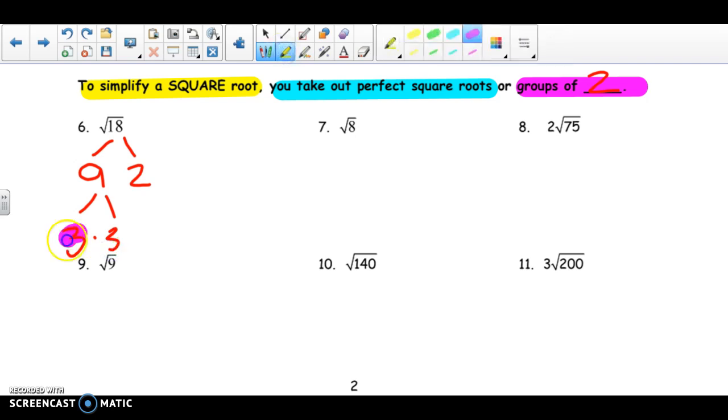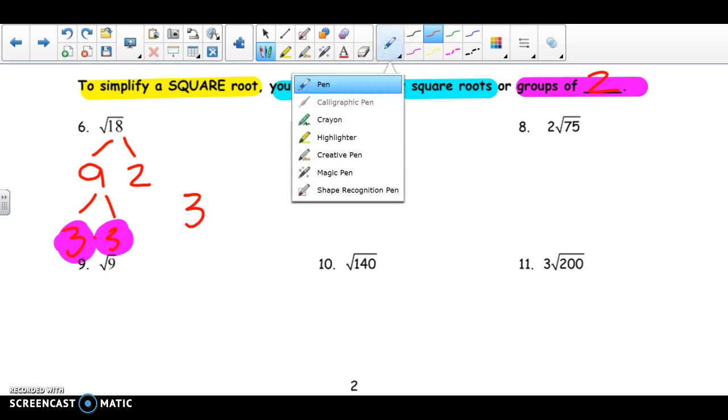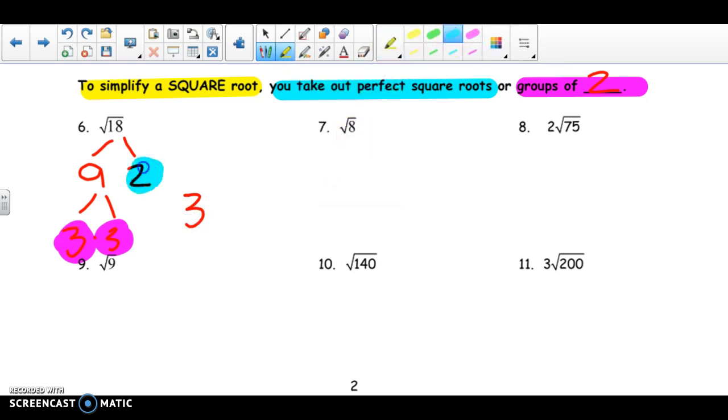This is a real quick reminder. Here are my groups of 2. I have 2 3s. That means one perfect 3 is going to come out. And I'm going to have a 3 in my answer. And unfortunately, there's this 2 right here that's left over. That is going to end up staying inside the root. There's my 3 root 2.